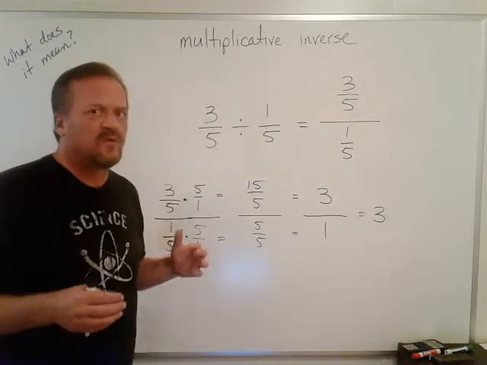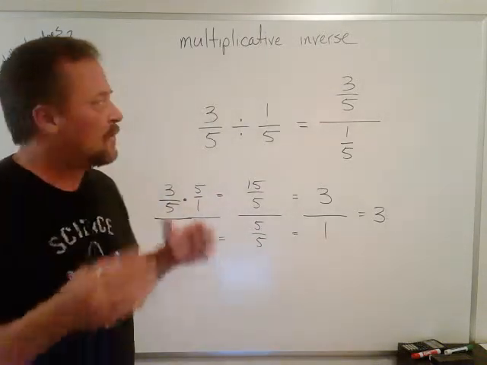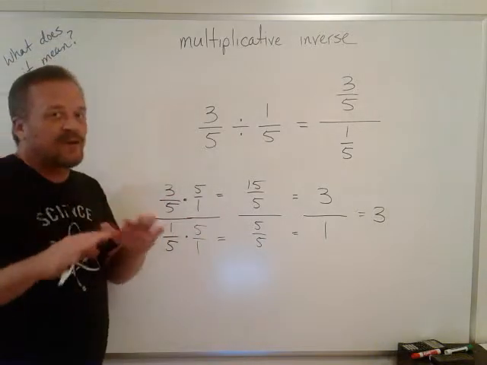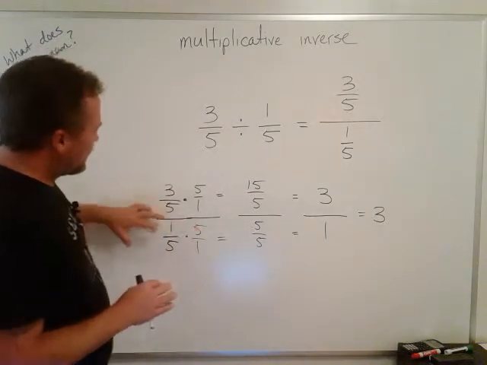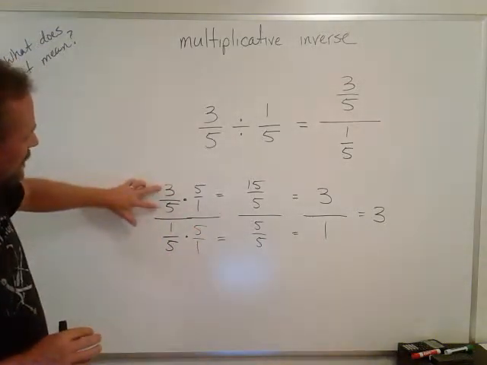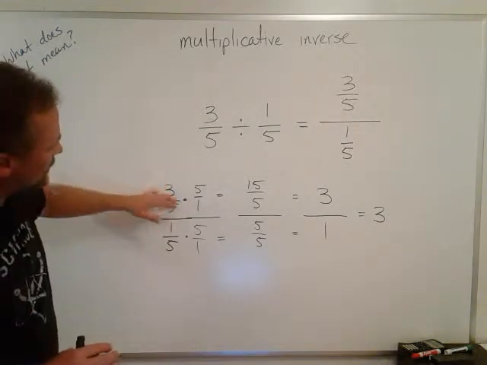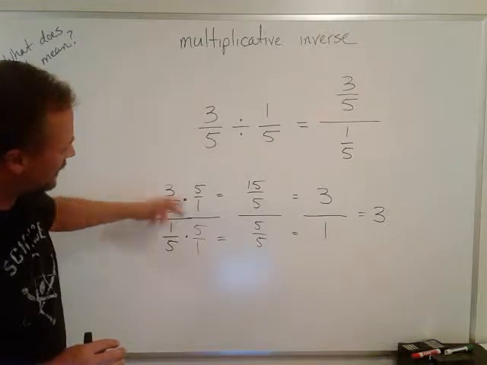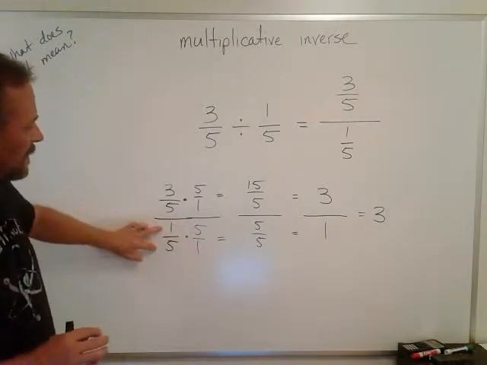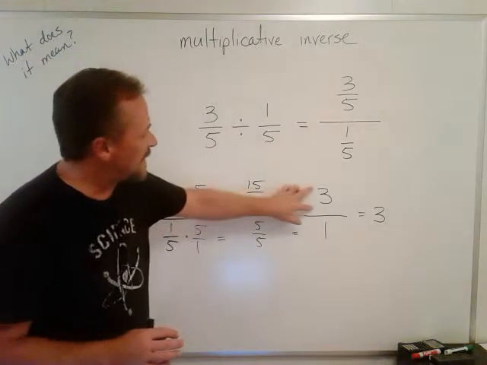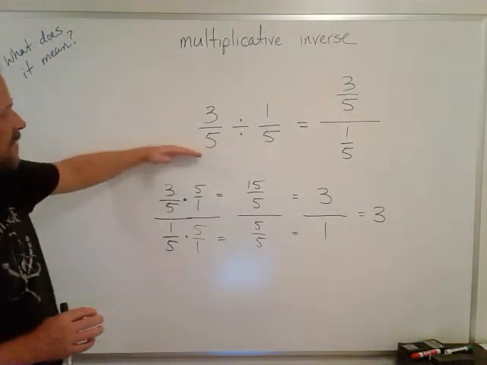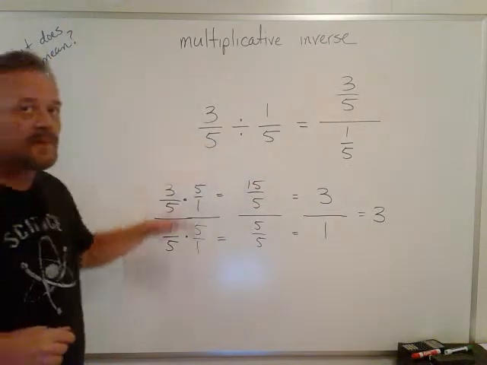Now, what I just did here, if you're looking at this and your eyes are kind of glassed over and you're like, what is he talking about? Well, basically, I just wanted to show you that if I multiply this fraction by its reciprocal, because I had to get this into 1, right? That it gets me the answer to this division problem. Okay?